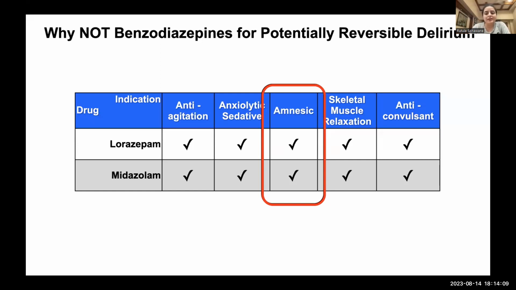So it can be given as a start dose just to calm the patient down and get him not to be so aggressive, but not as a continuous oral or injectable formulation.